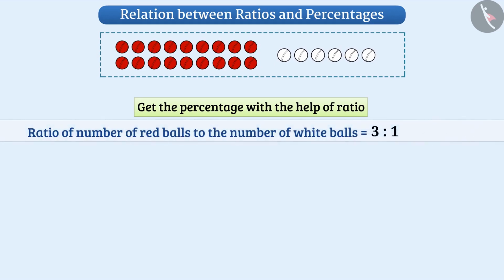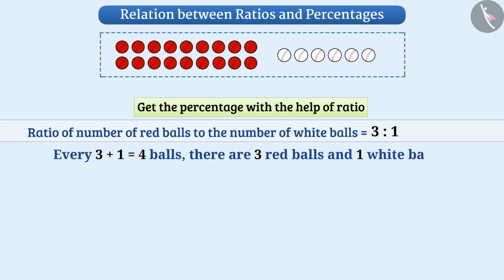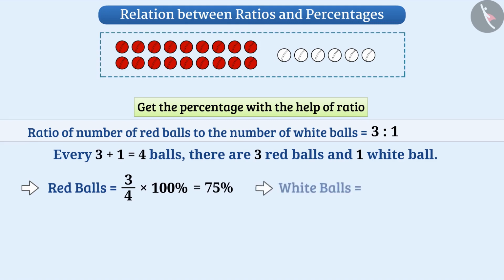From this, we get to know that in every 3 plus 1 is equal to 4 balls, there are 3 red balls and 1 white ball. In this way, we can say that in the box, red balls are 3 by 4 multiplied by 100% is equal to 75%. And the box contains 1 divided by 4 multiplied by 100% is equal to 25% white balls.